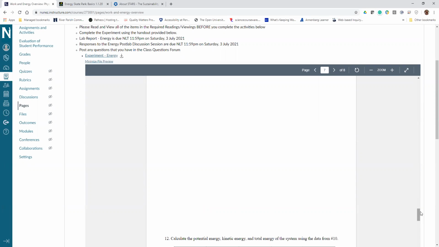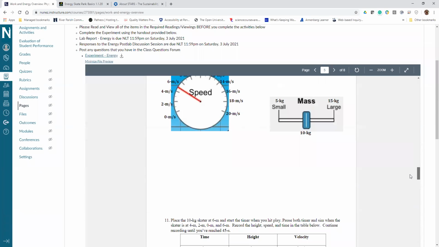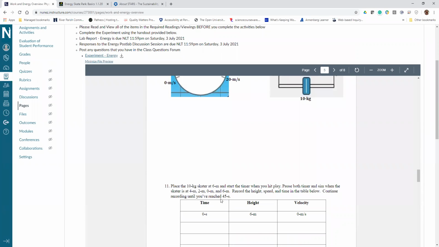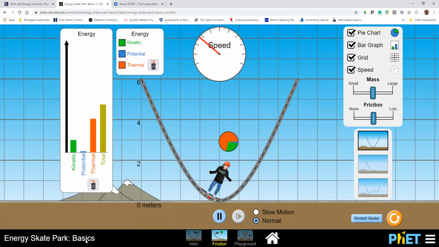Oh, I'm missing that. I skipped over the data table, my bad. So here, you see they say for 45 seconds, the skater's going to stop before 45 seconds. You aren't going to be able to time it for 45 seconds. So you just get as many values as you can, okay?